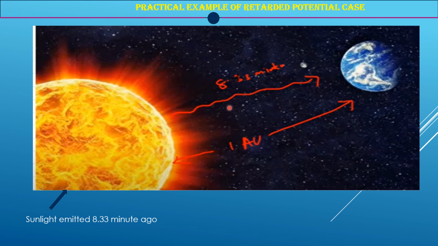Maybe the stars we are seeing at the present time have extinguished, and we are just seeing the leftover light. This is the real case, so you can feel it. The sun is not too far from us compared to many stars, so we get its light 8.33 minutes after it left.